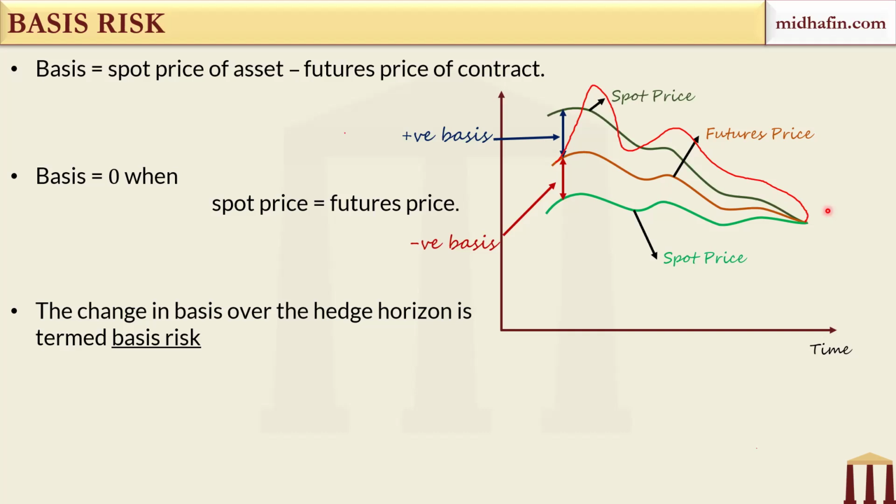Sir, both the future as well as forward, both are mandatory, right? We have to exercise them. Yes, both are forward commitments. You can call them commitments. For options, you have a choice. Options are similar to a contingent claim. That's why they are known as contingent claims. Just like an insurance policy, if there is a contingency, only then they will be exercised. Otherwise, they are not exercised. So you have a choice.